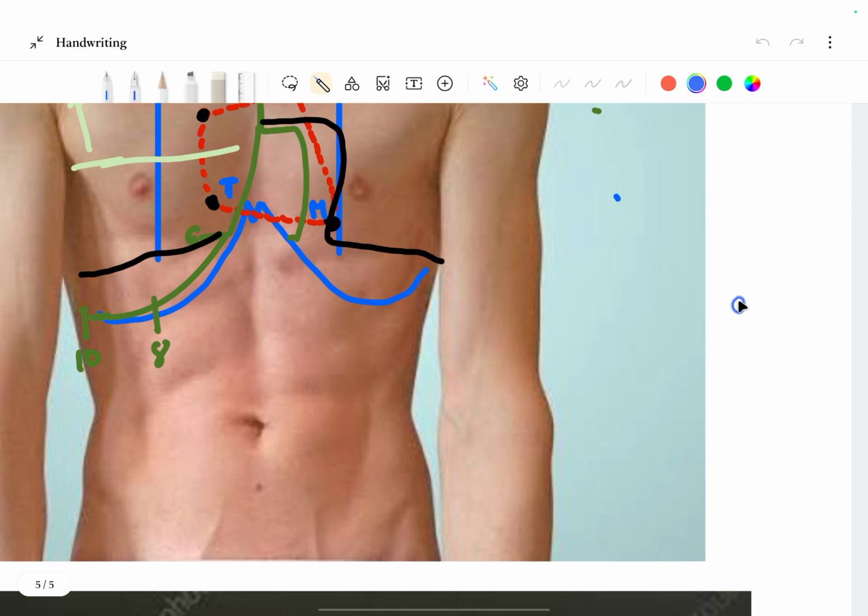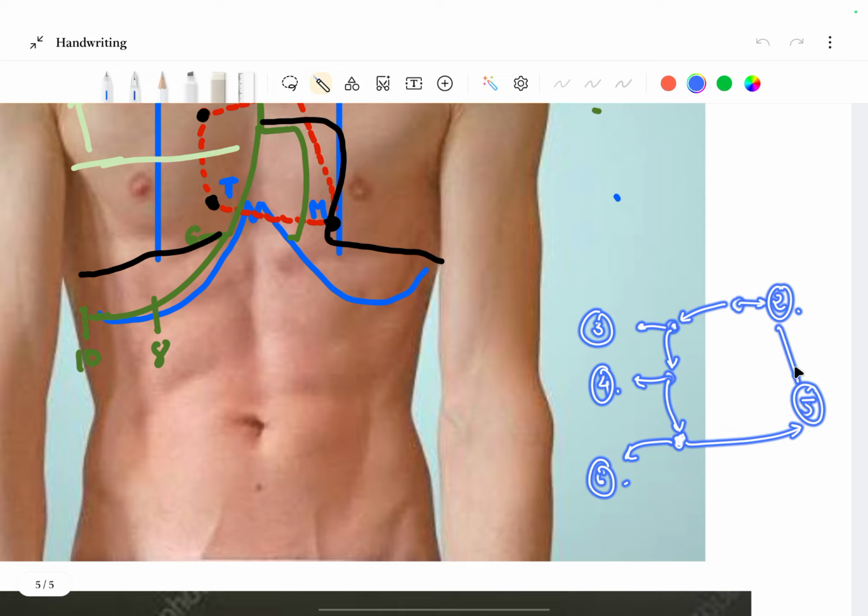First point is at the lower border of the second rib. Then the second point, slightly lower, is at the upper border of the third rib. Then the third point, slightly lower, is at the lower border of the fourth rib. Draw your fourth point at the sixth costal cartilage, and your fifth point is the fifth intercostal space. By joining all these, this will be your heart.